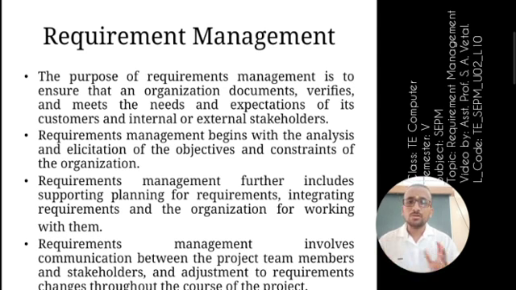With the help of that communication, we make adjustments to the requirement changes throughout the course of the project.